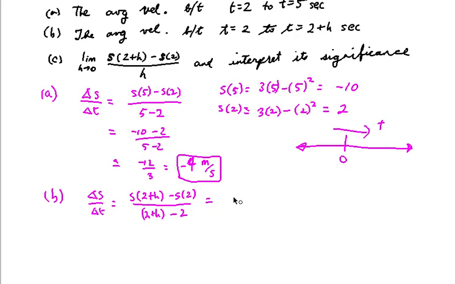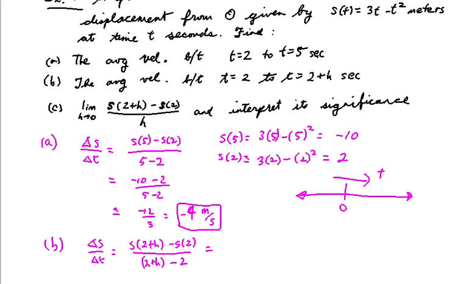I'm just going to substitute that right in. My s was 3t minus t squared, right? So if I plug that in, I have 3 times 2 plus h minus 2 plus h squared minus s of 2, which we found to be 2, all over 2 plus h minus 2, which will just give me an h on the bottom.